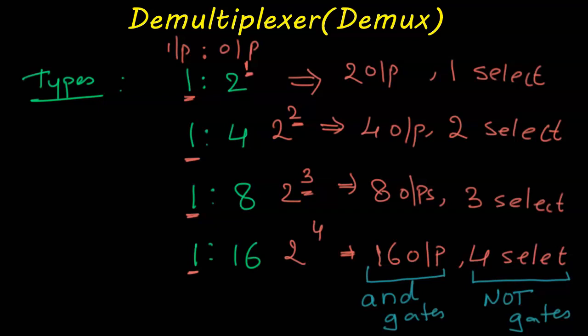So let's move forward and see how we design a 1:2 demux, what things we need, and the logic behind it. So let's discuss first the 1:2 demultiplexer. Again, we have two outputs, one input and one select line.